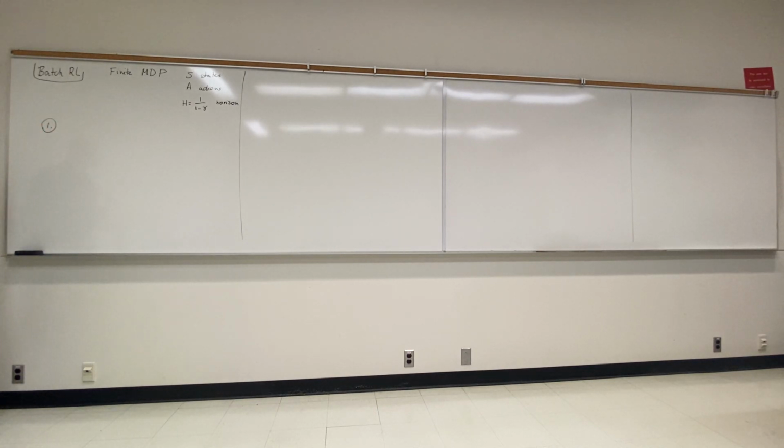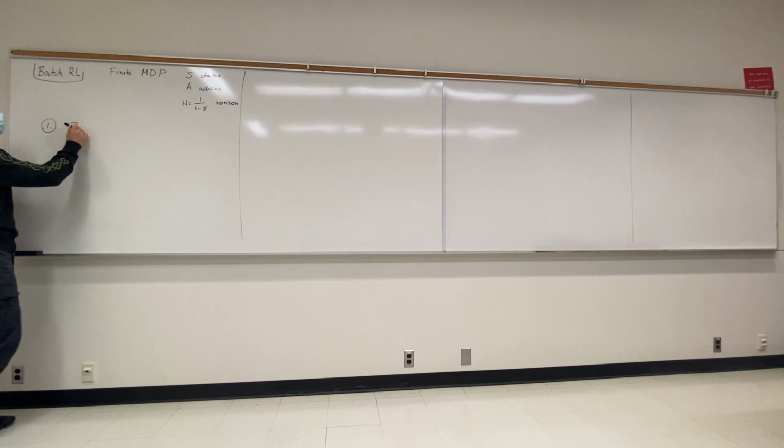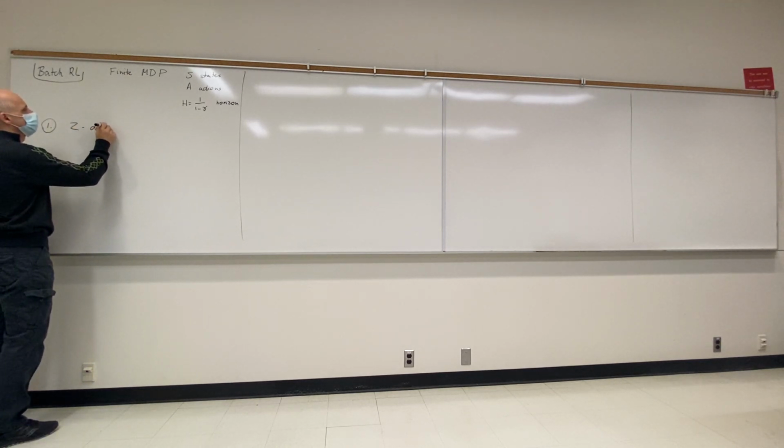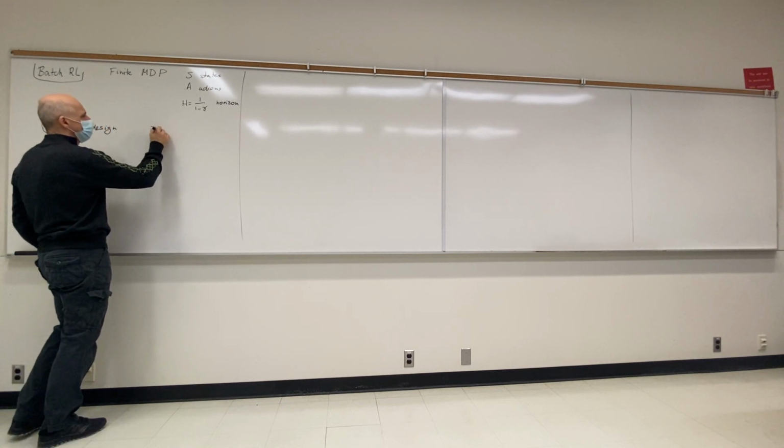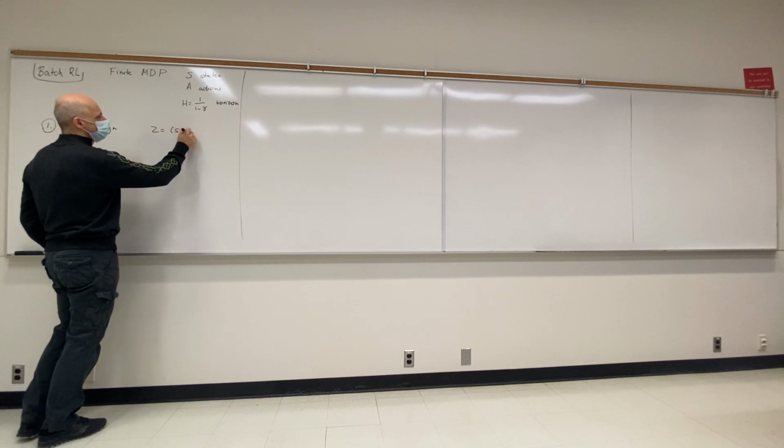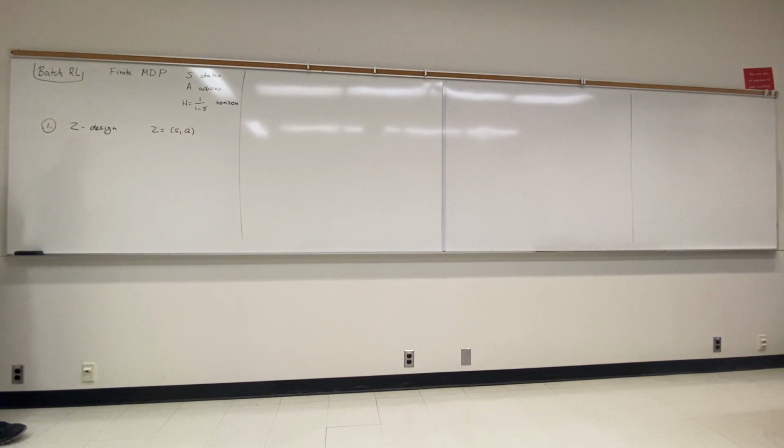One is when it's a bit unreal. You can sample next states and rewards from the transition at any state action pair of your will. We call that Z design, since we are running out of letters. And Z is sometimes the state action pairs.